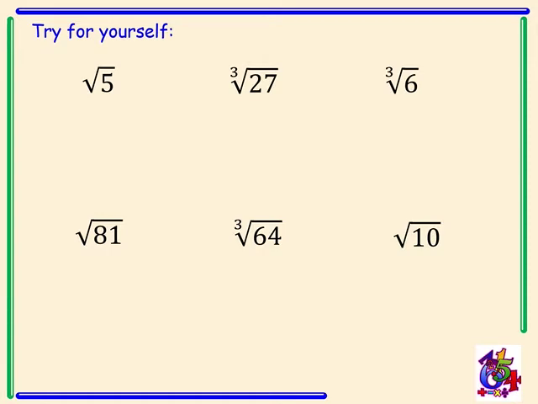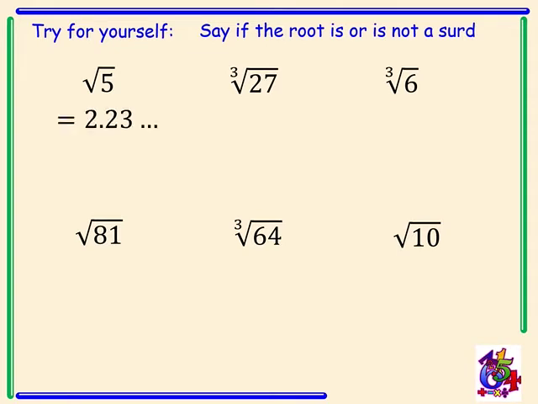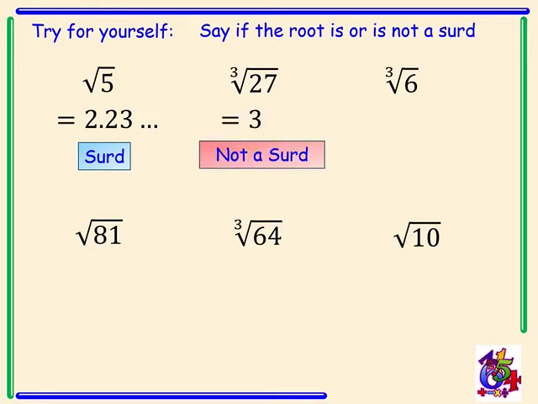Now try these examples for yourself. See if the root is or is not a surd. Please pause the video. So root 5 comes out as 2.23, which is a surd. The cube root of 27 has an exact value of 3, which is not a surd.